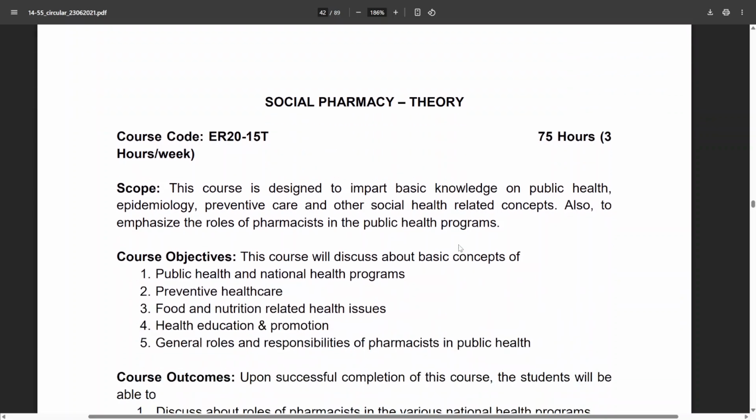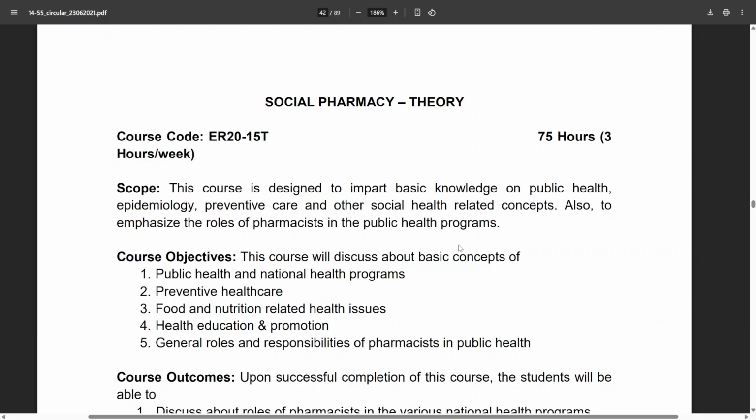Now, social pharmacy theory. Scope: this course is designed to impart the basic knowledge on public health, epidemiology, preventive care, and other social health related concepts.